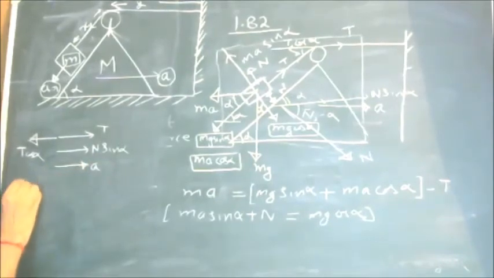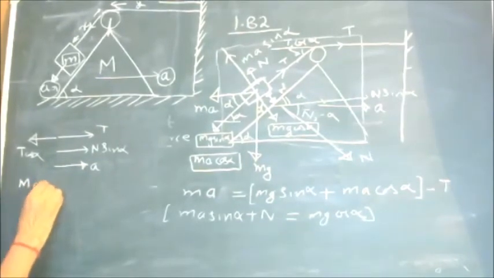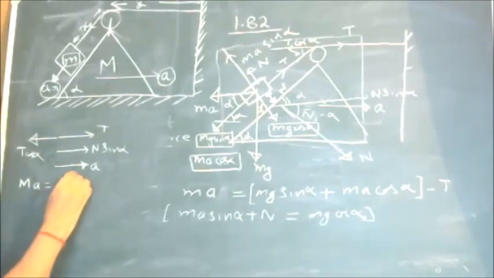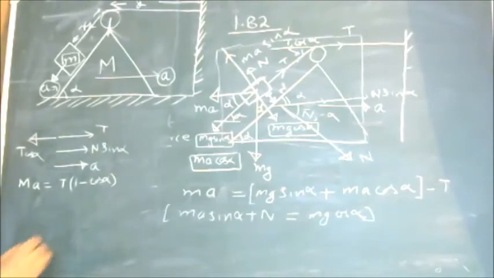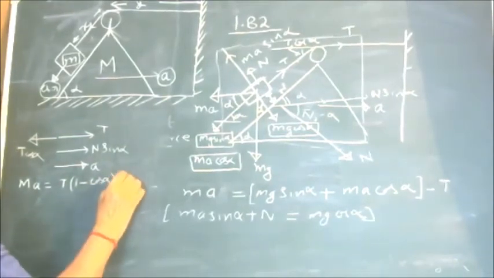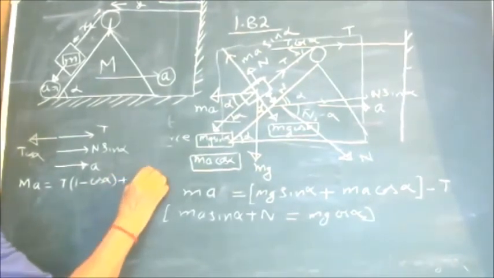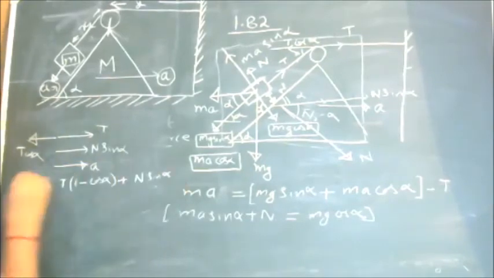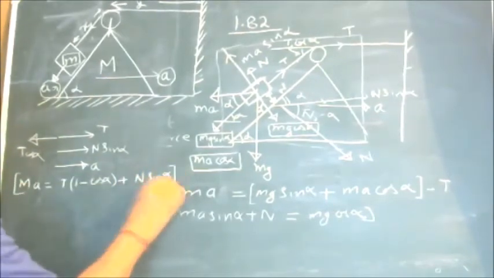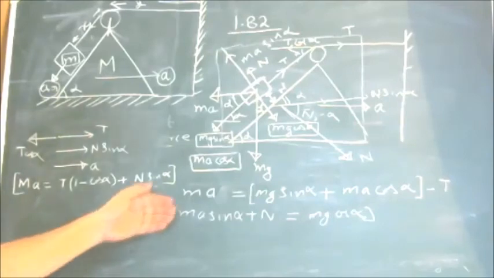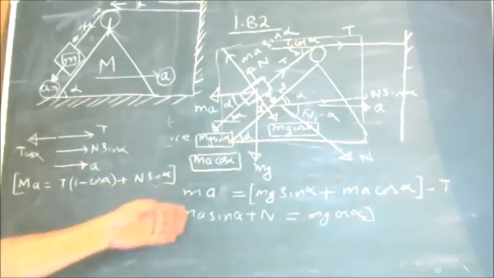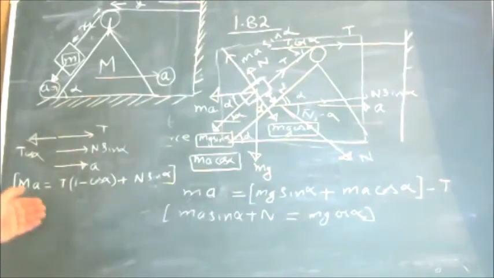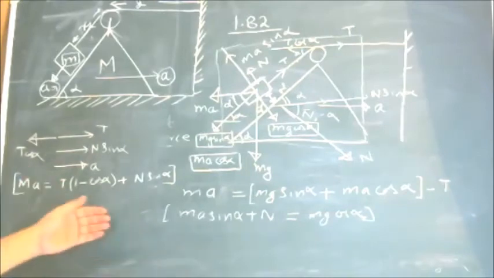So we can write MA is equal to T 1 minus cos alpha plus N sine alpha. These are the three equations which we have got. This equation, this and this. Now we have to use these three equations to get the value of the acceleration of the block.